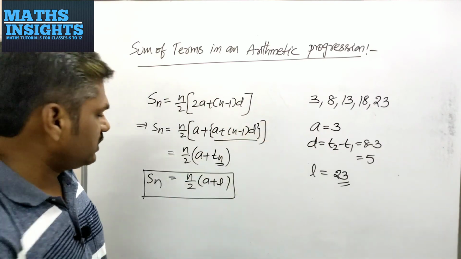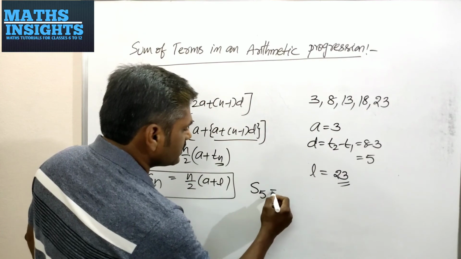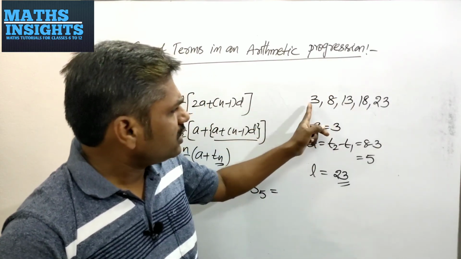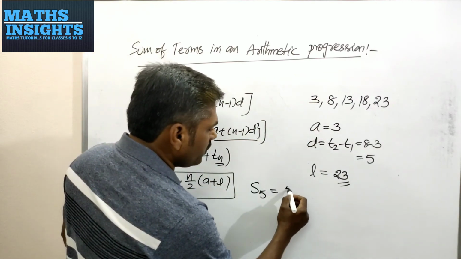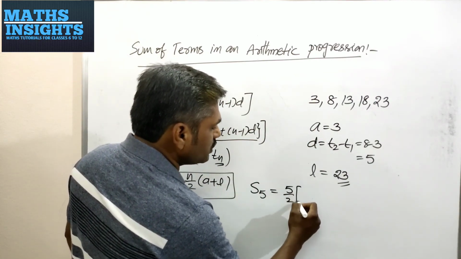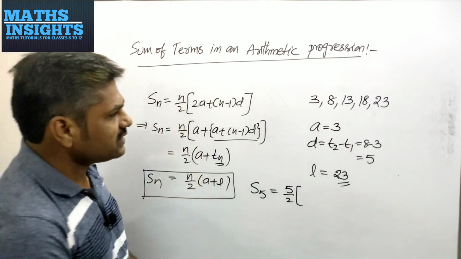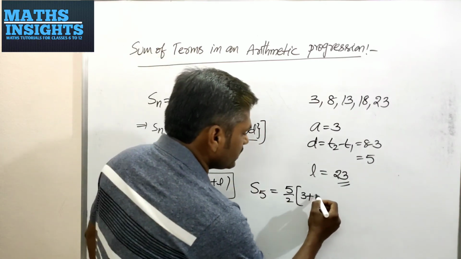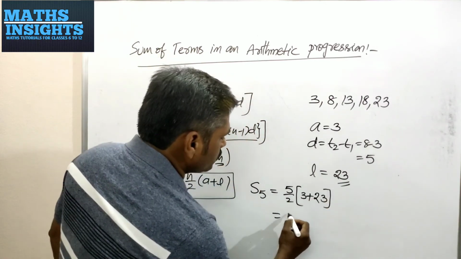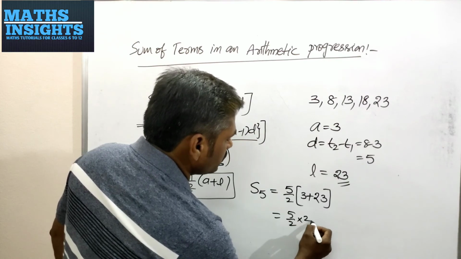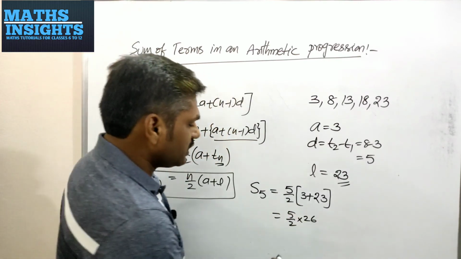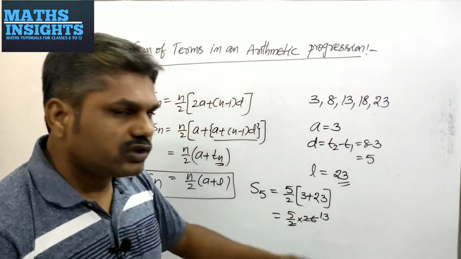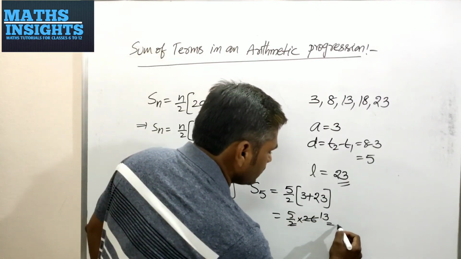Now I will find S5, the sum of the first 5 terms of this arithmetic progression. You know that n is equal to 5, therefore 5 by 2 into a plus l. A is 3 and l is 23. That is equal to 5 by 2 into 26, which is 3 plus 23. So 2 ones are 2, 2 13s, 13 5s are 65.